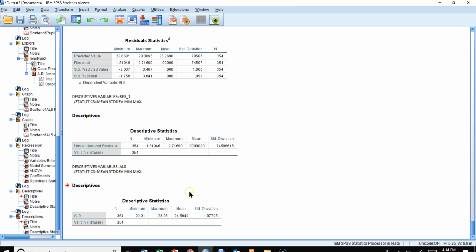Although actually that's not really relevant here because we've removed baseline from our scale.